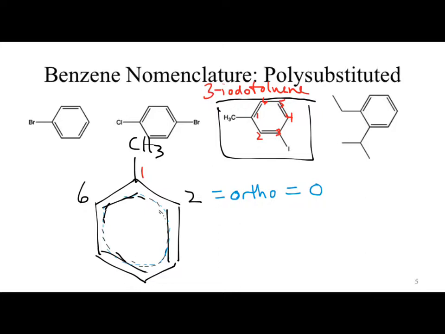How about position 3 and 5? You just make up a name. I can. Close, very, very close. We make up the name meta, or M. And our last one, position 6.